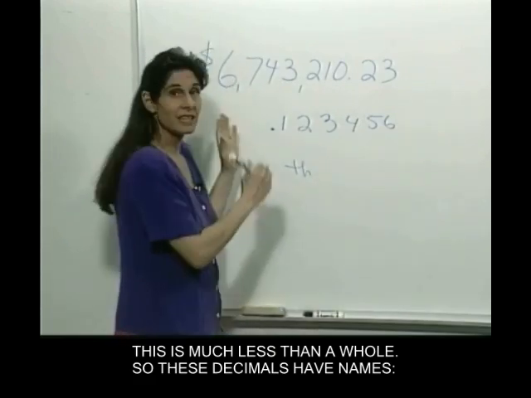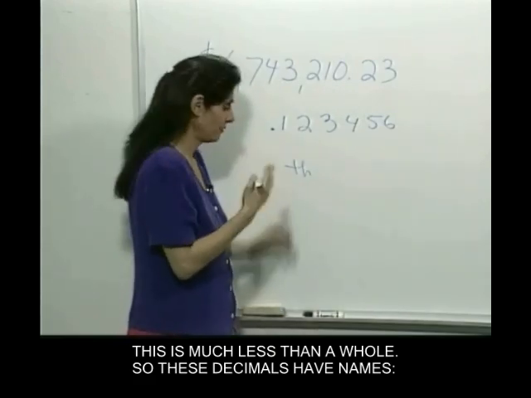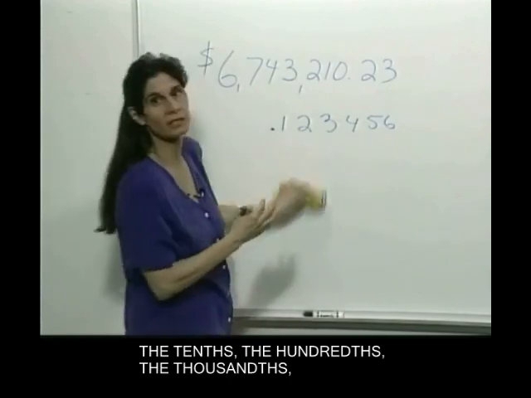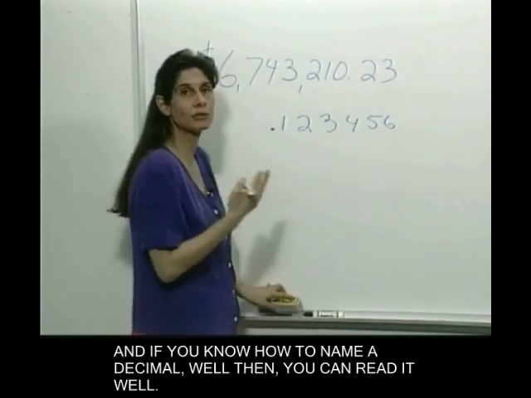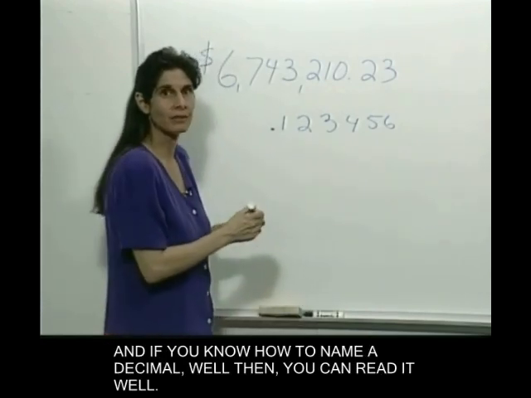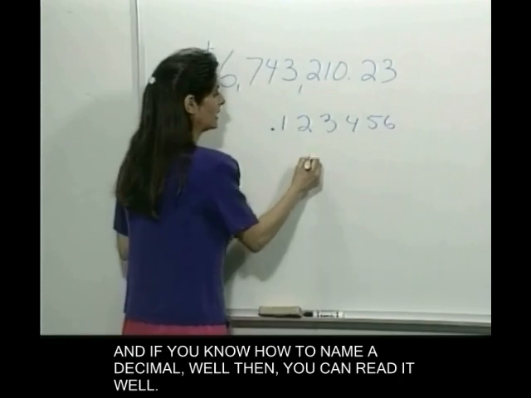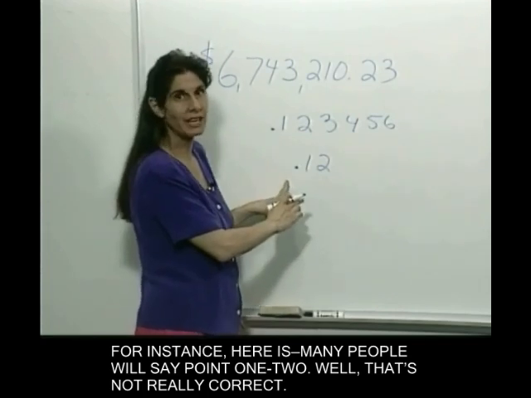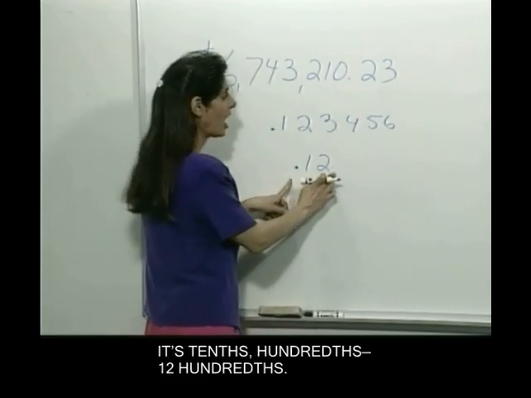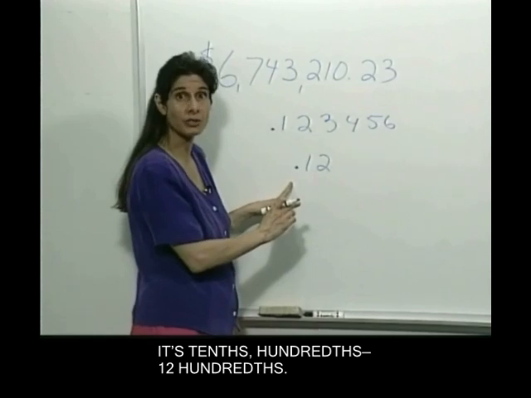This is much less than a whole. So these decimals have names. The tenths, the hundredths, the thousandths, the 10,000ths, the 100,000ths. And if you know how to name a decimal, then you can read it well. For instance, many people will say 0.12. Well, that's not really correct. It's 12 hundredths.